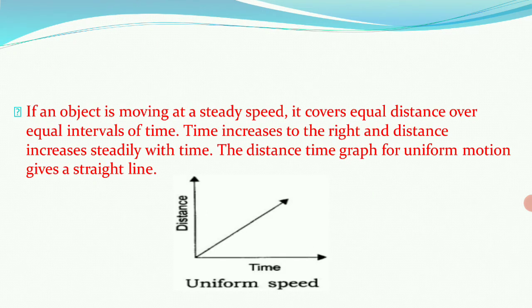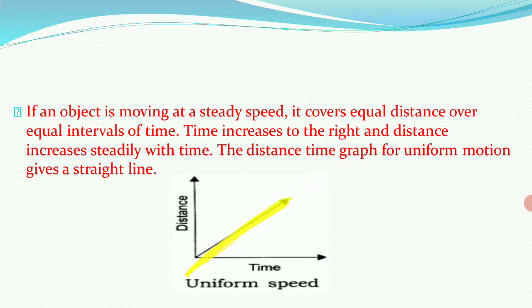Next, if the object is moving at a steady speed, that means the object covers equal distance in equal intervals of time. For example, in 5 minutes it has covered 2 kilometers, after another 5 minutes, again it has covered 2 kilometers, 2 kilometers after each 5 minutes, then you will get a straight line.